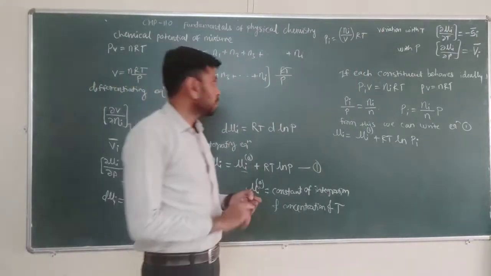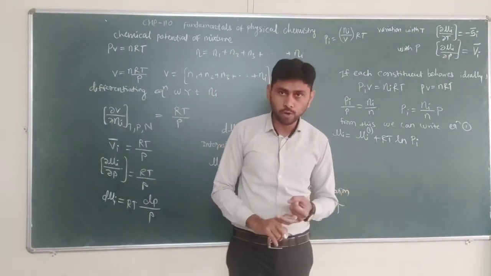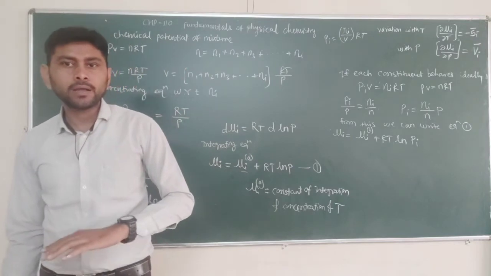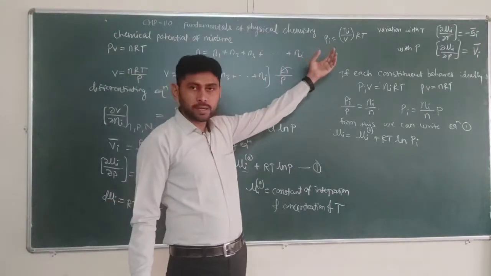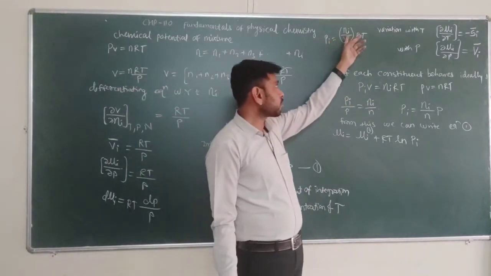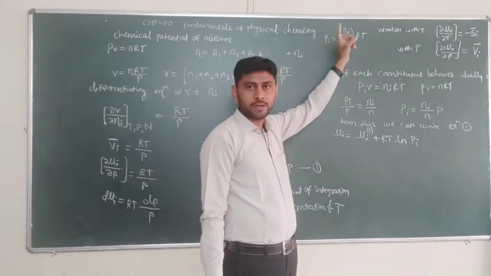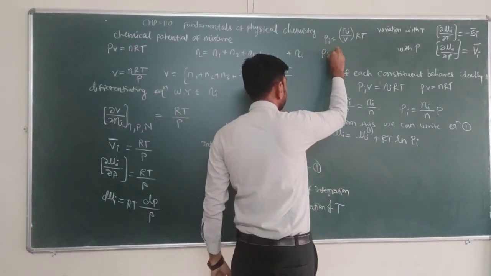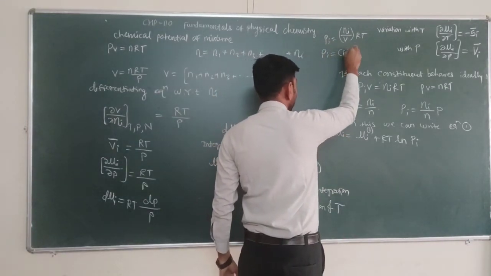Ni upon V, the number of moles divided by volume, is nothing but the concentration. If we divide the number of moles by volume, it gives us the concentration of that particular mixture. So this term is a concentration term. We replace this term by concentration, so Pi equal to Ci RT.